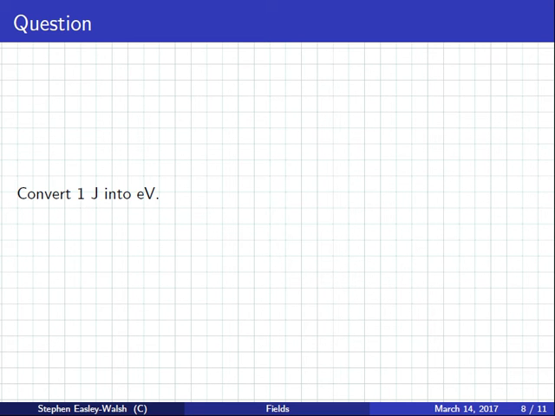It's not a trick question, it's a straightforward question. It should be a big number because electron volt is a small unit and joule is a big unit. So when you convert joules into electron volts, you should have many electron volts. Yes?